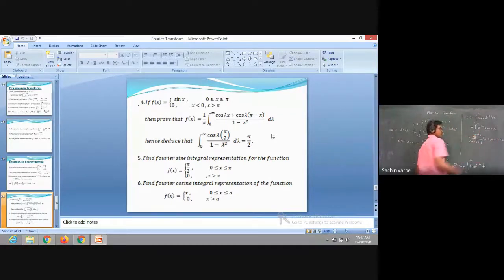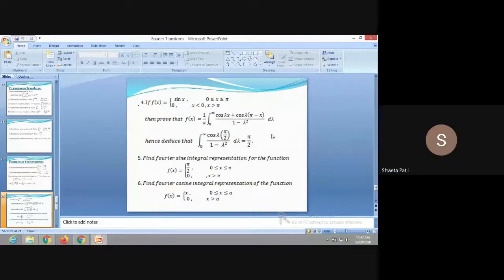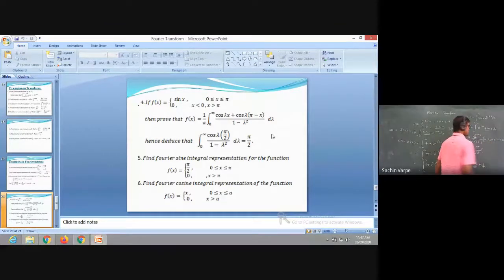So substitute upper and lower limit now. At x is equal to pi, this will be e to the power minus i lambda pi upon minus i lambda whole square, that will be minus lambda square, so 1 minus lambda square. And here minus i lambda sin pi. What is sin pi? Sin pi is 0, isn't it? So I'm not going to write.